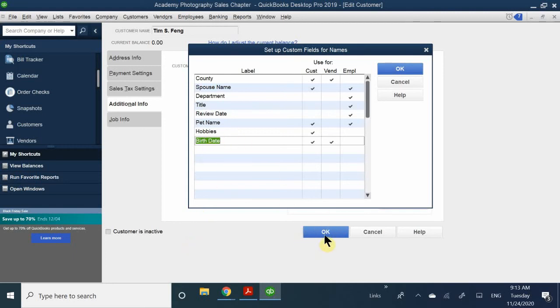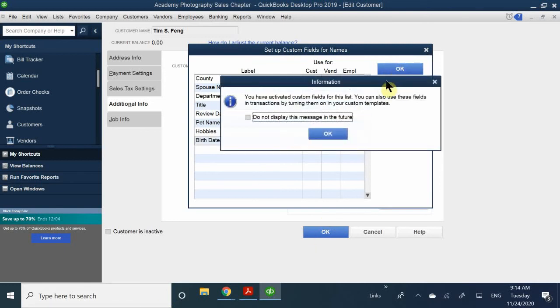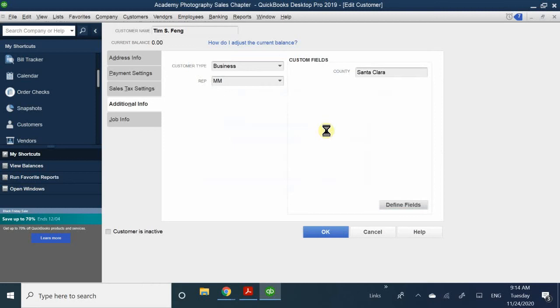For example, I signed up for Bath and Body Works, and when it comes to my birthday, they send out a special $10 off birthday card to celebrate my birthday. So that's a very good custom field to have for your customers. Okay. Now that I've listed it here, maybe we can offer them a birthday discount for their celebration. Maybe they'll have a nice party, a big, huge one, and they want their photos to be taken. So that's a good one.